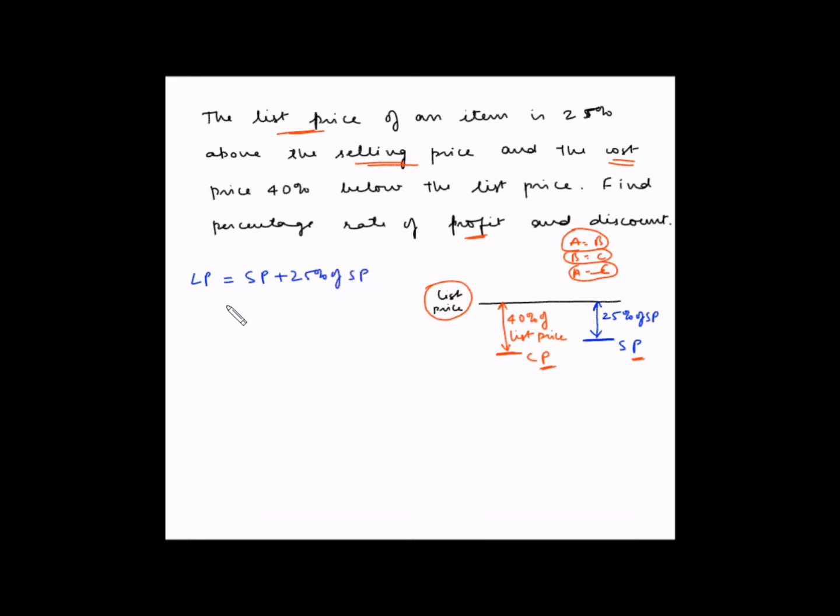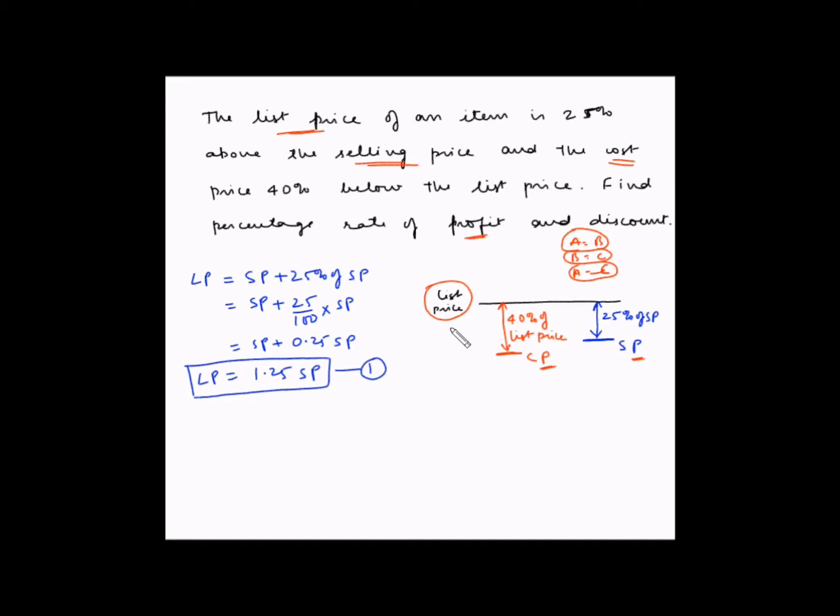So this is equal to SP plus 25 by 100 multiplied by SP, and this is equal to SP plus 0.25 multiplied by SP, since there are two zeros, we put the decimal at two places. Or LP is equal to 1 plus 0.25, which is 1.25 times selling price. So this is our first relationship.